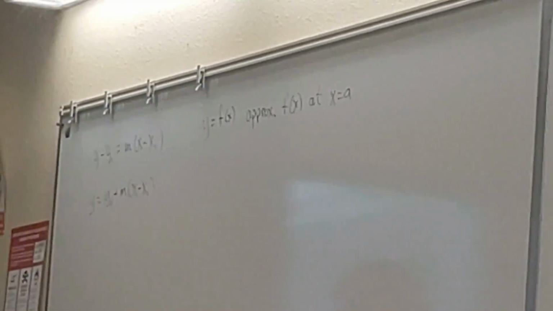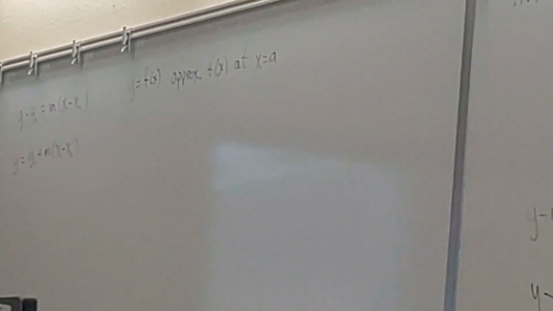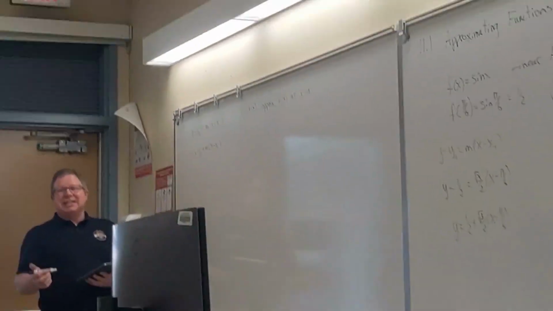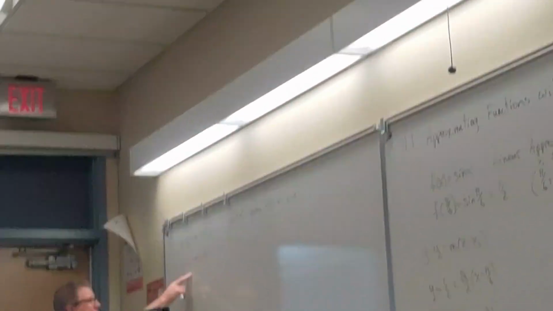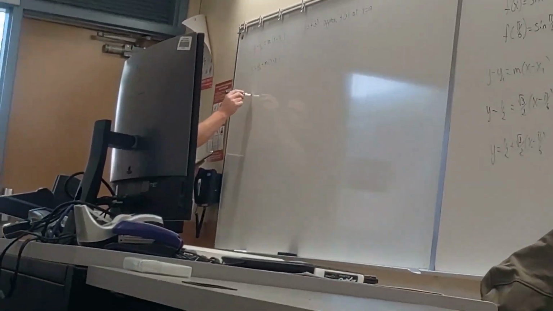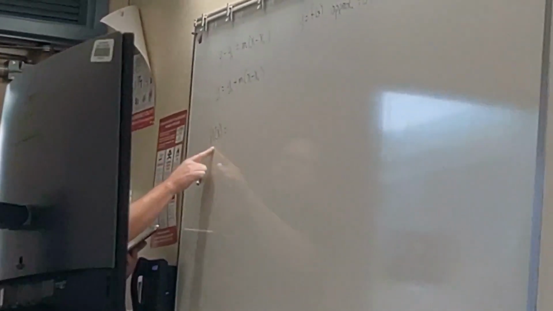Because these are polynomials we're generating, we're going to use the variable p for polynomial. And because this is a linear approximation, we're going to call it p1 of x. That is replacing the y.